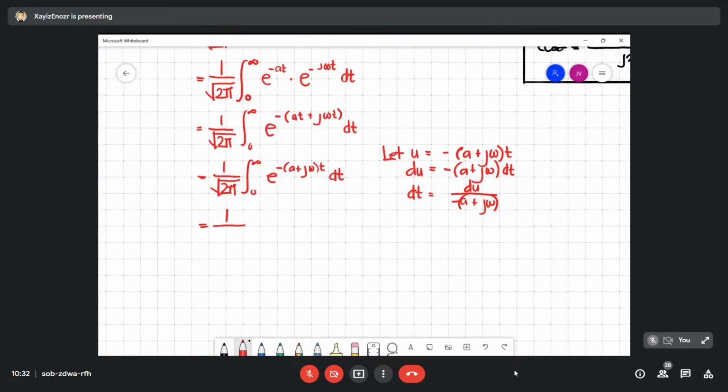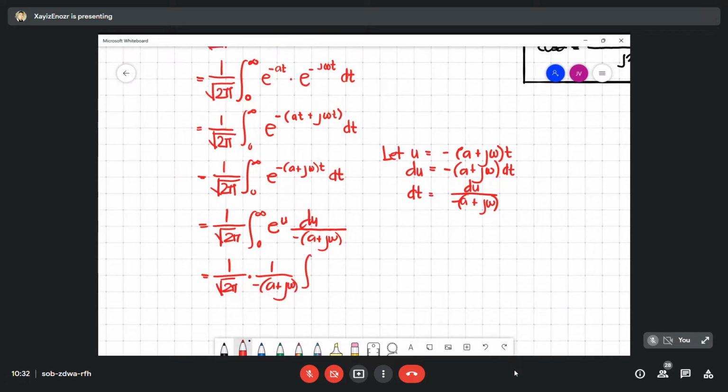So we have 1 over square root of 2 pi, from 0 to infinity. Since we let u be negative (a plus j omega) t, our dt is du over negative (a plus j omega). Like I said, (a plus j omega) is a constant, so I can take it out of the integral sign, multiplied by 1 over negative (a plus j omega).